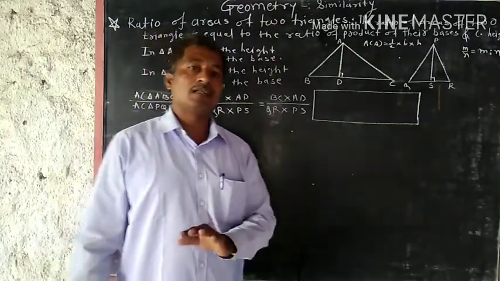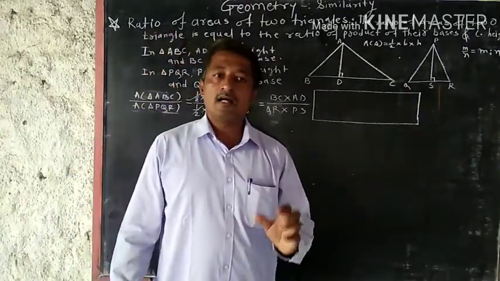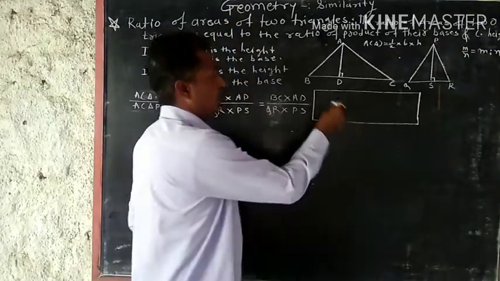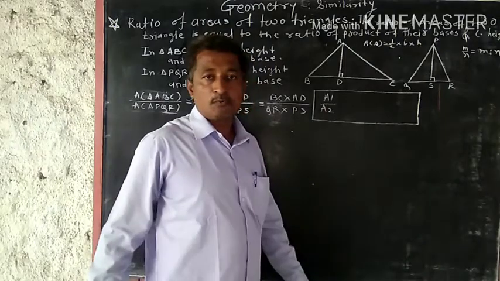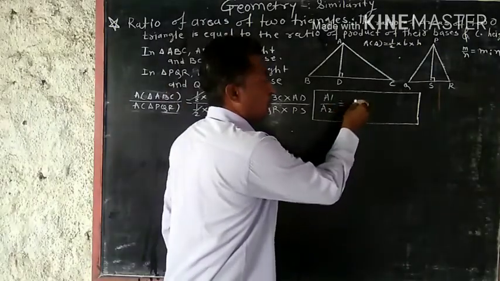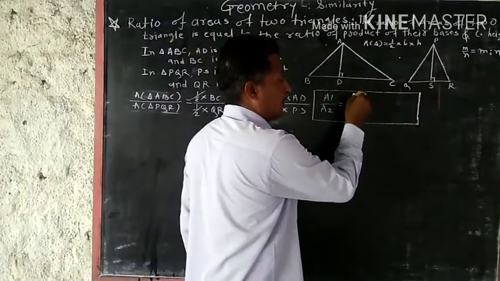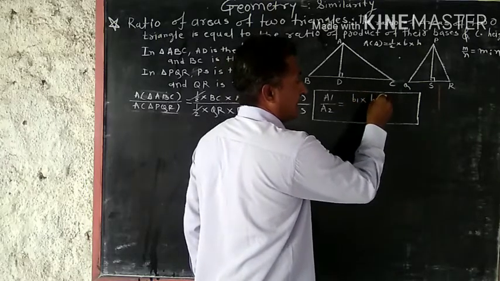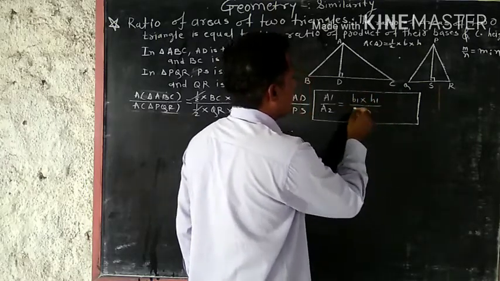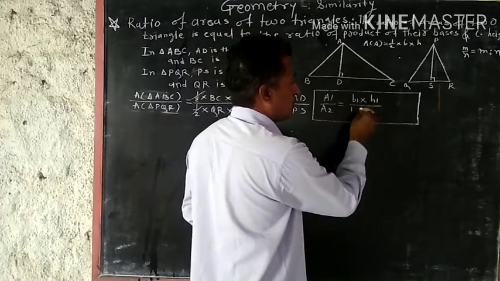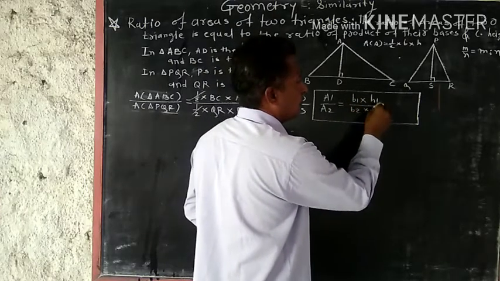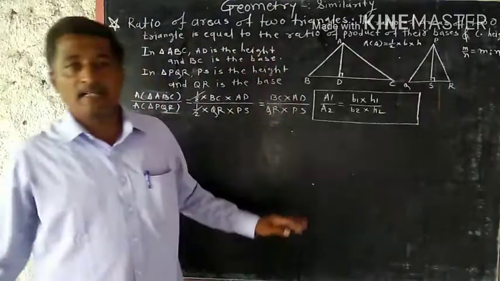The base of another triangle is B2 and height is H2. Means A1 upon A2, the ratio of areas of two triangles is equal to the ratio of the product of bases and their corresponding heights. Means A1 upon A2 is equal to B1 into H1 upon B2 into H2. Is that clear?